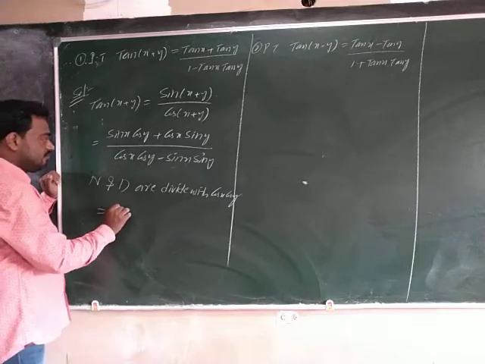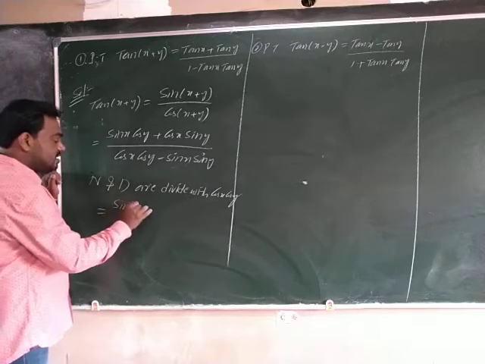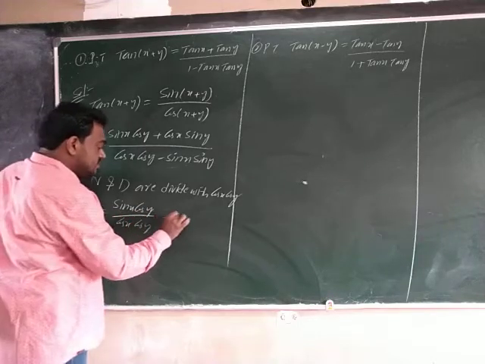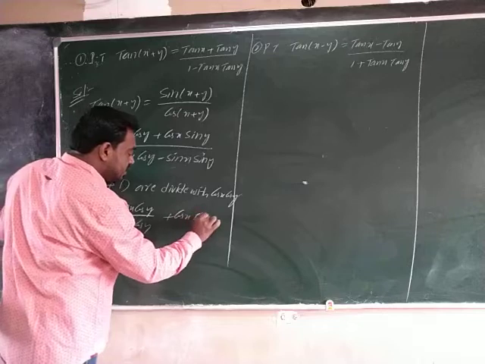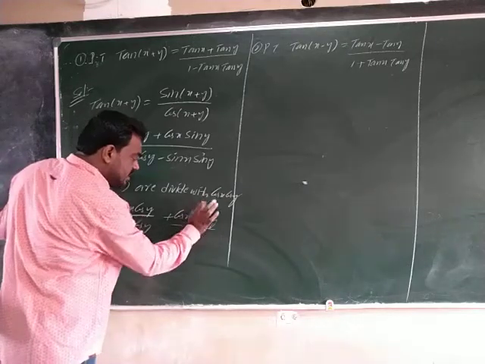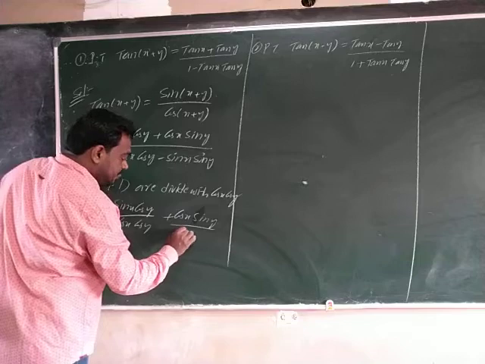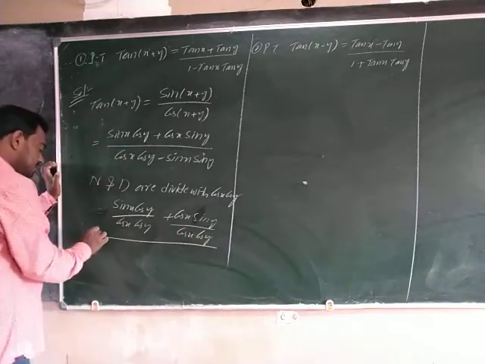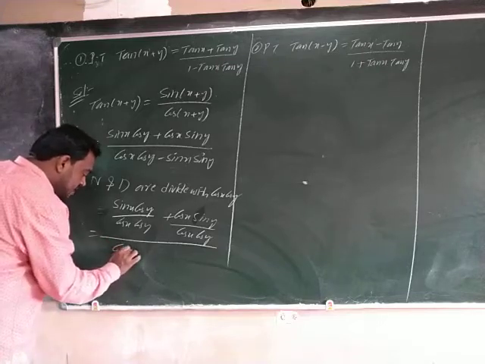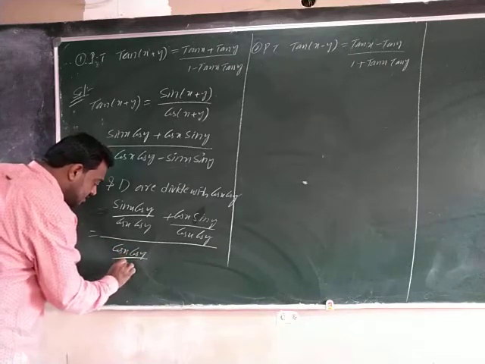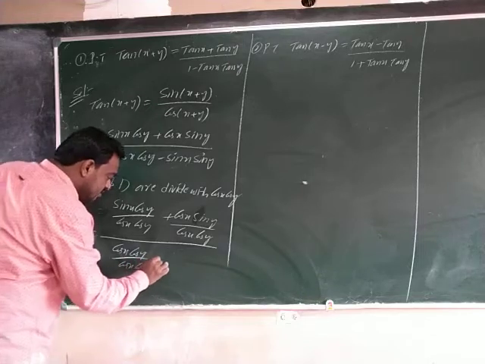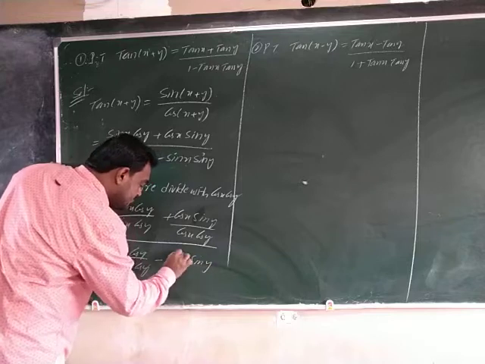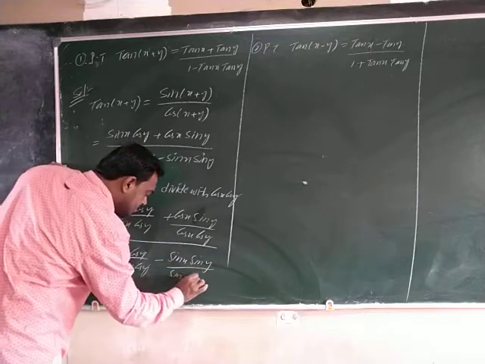This is equal to sin x cos y by cos x cos y plus cos x sin y by cos x cos y, divided by cos x cos y by cos x cos y minus sin x sin y by cos x cos y.